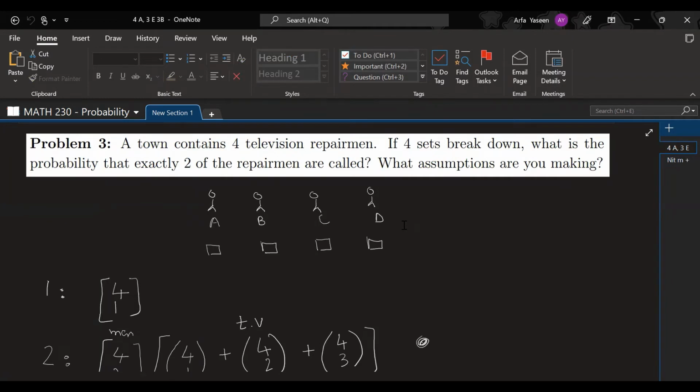Think of it in terms of dependence and independence of the calls. Like, are they dependent on one another or are they independent? And think about the probability of each repairman being called.